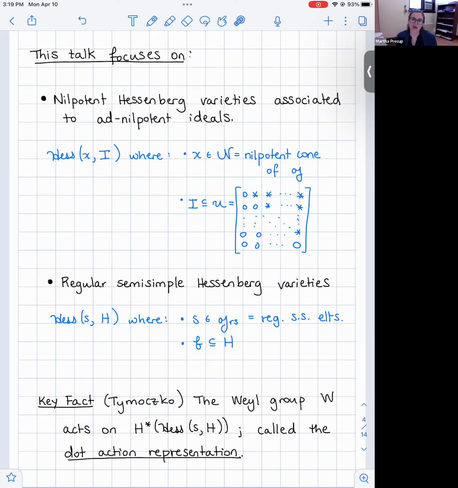If you're familiar with ad-nilpotent ideals, chances are you've seen them come up. They go hand in hand with studying the structure of the root system associated to your Lie algebra. The collection of all ad-nilpotent ideals is in bijection with upper order ideal subsets of roots.